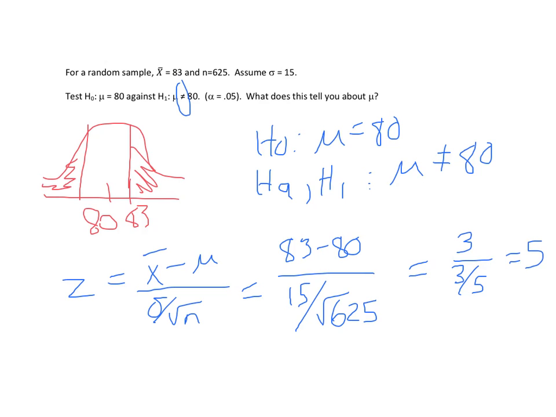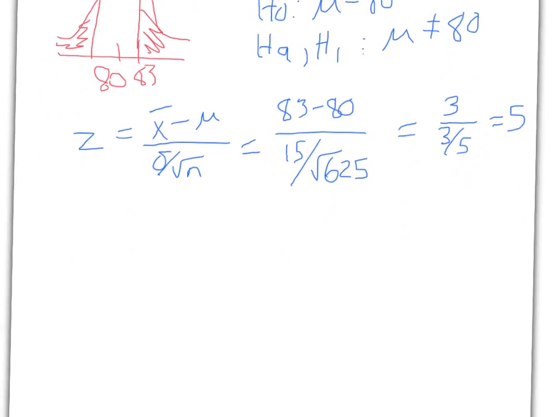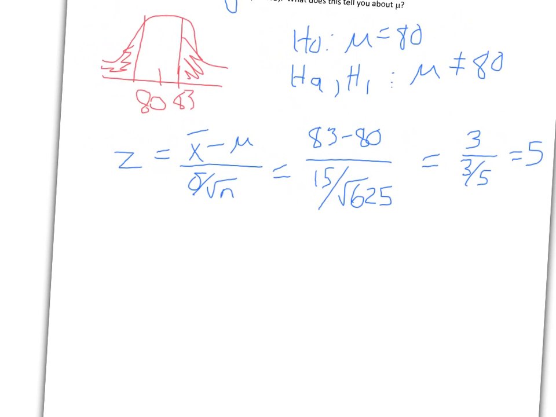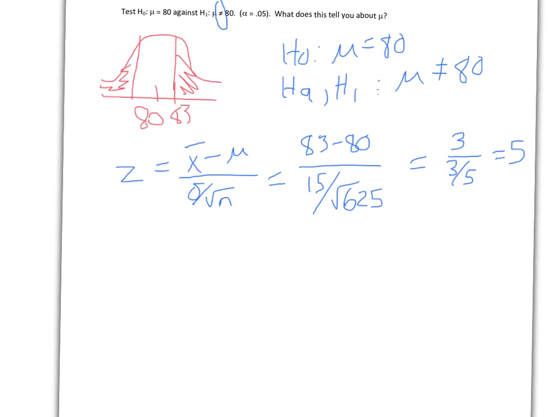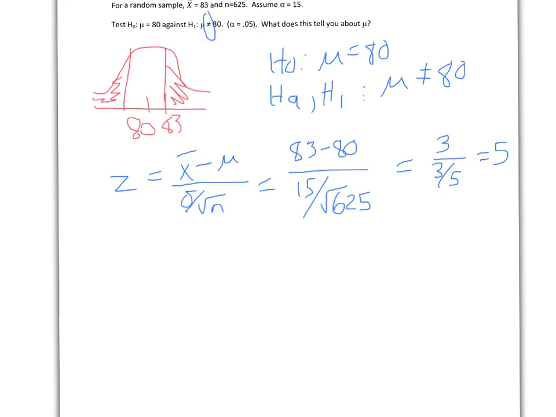So we can just realize at this point that if I were being 95% confident, I know that I need to compare my z value to 1.96. Okay? So clearly, my z value is greater than 1.96, so I will reject my null hypothesis.